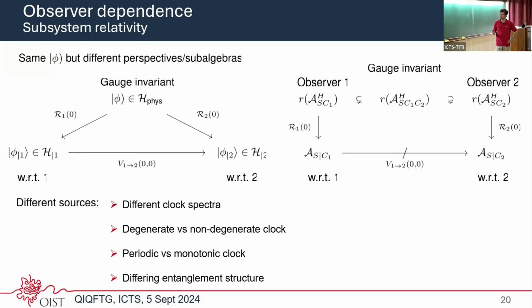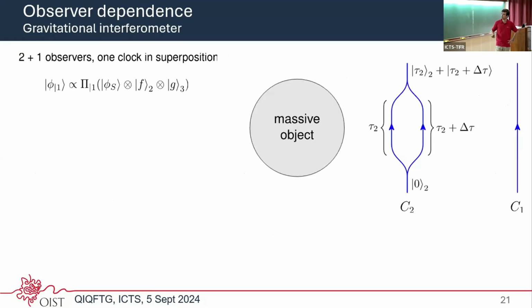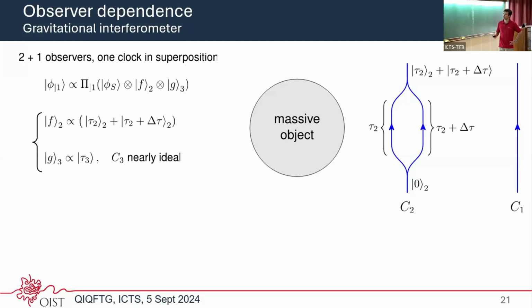So as an example, let us make a very constructed example. Let's say we start from the state with respect to observer 1, and we assume that it's some projected product state where the wave function of clock 2 is in some superposition of 2 clock times. So you can imagine that you have some branch, some vertical branch.